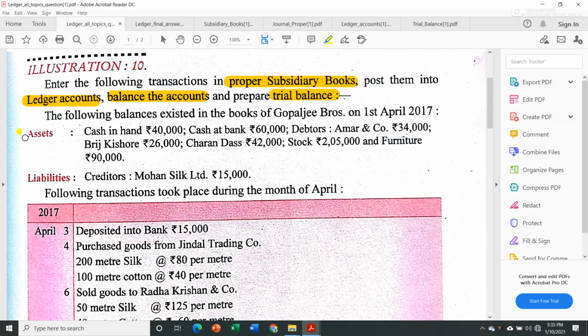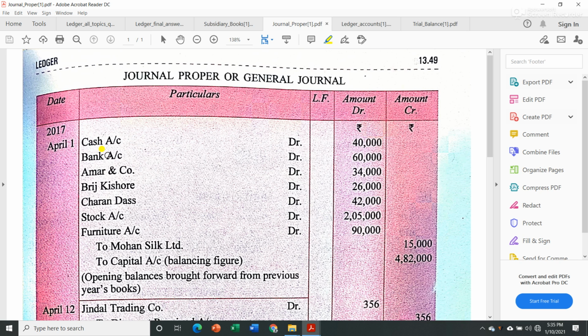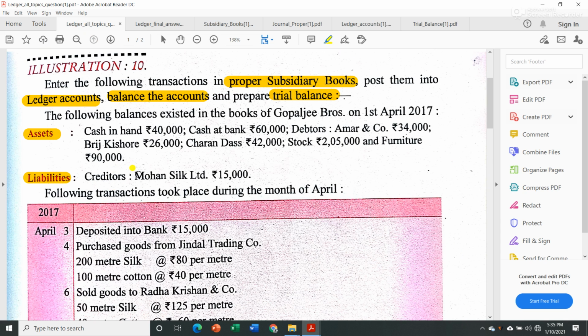We have assets. All the assets will come on the debit side and all the liabilities on the credit side. So we write cash in hand as cash account debit 40,000, then bank account debit, and so on. We wrote all the assets, and then Mohan Silk Limited. We have only one liability given in the question, that is Mohan Silk Limited, our creditor, so we wrote 15,000 on the credit side.